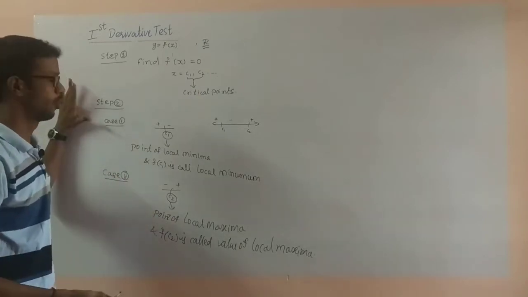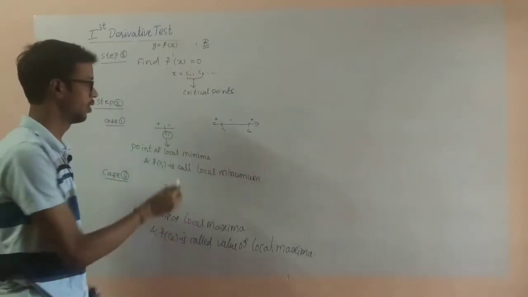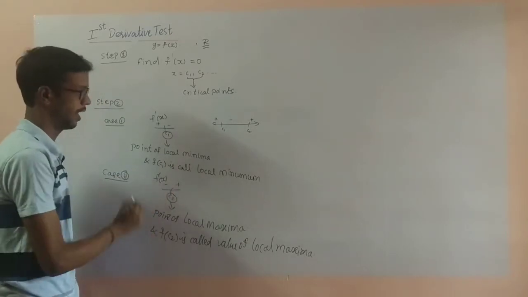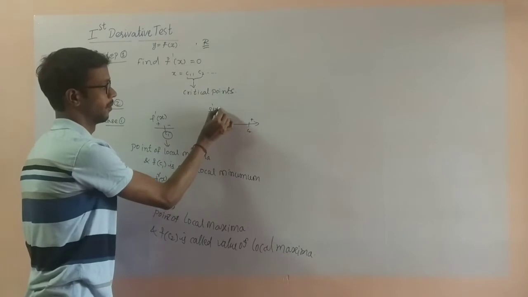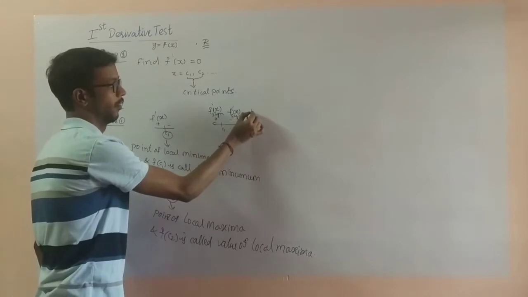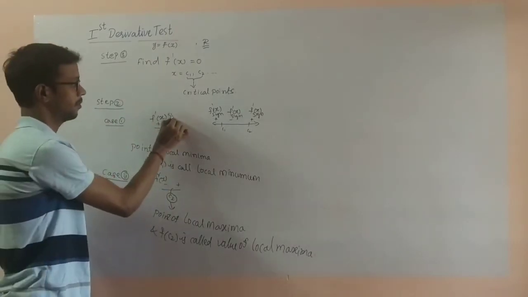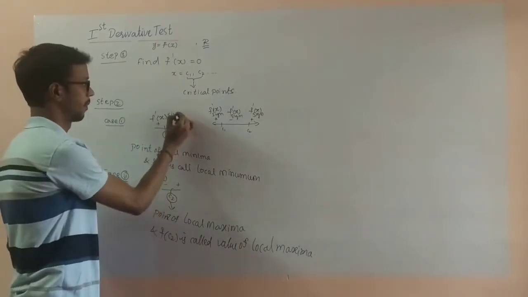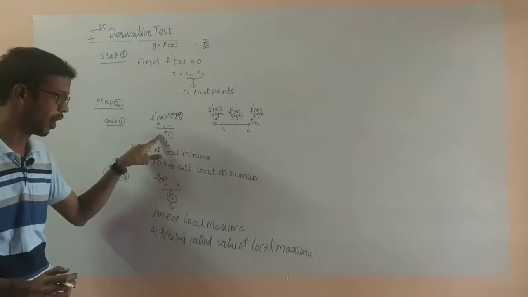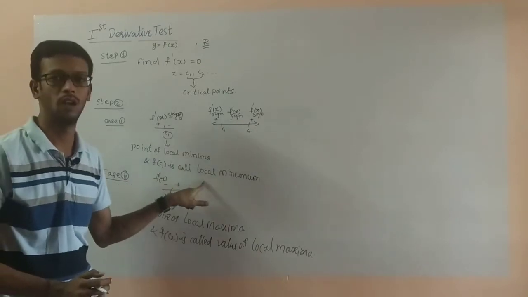Next, step 2, take the f dash of x sign in each region. If it goes from positive to negative, left to right, that critical point is called the point of local minima, and the value is called the local minimum value.